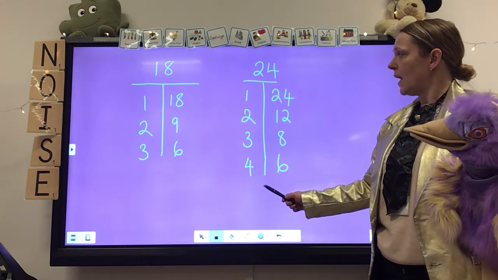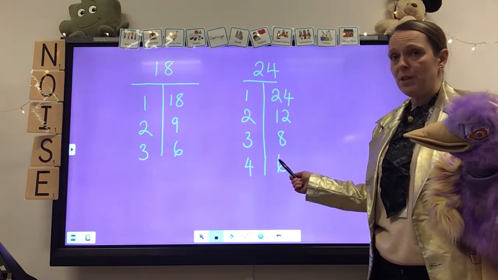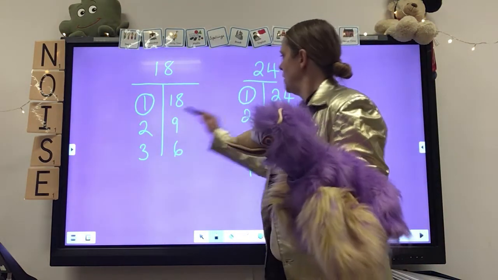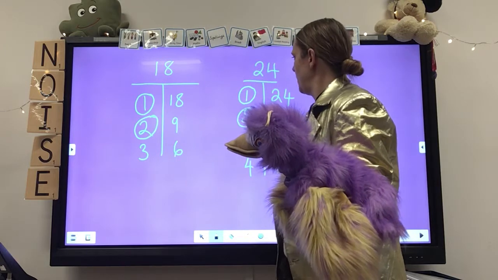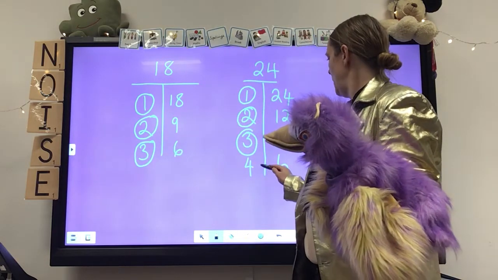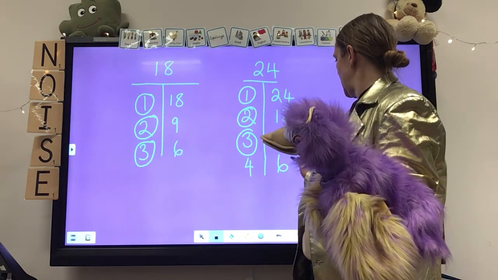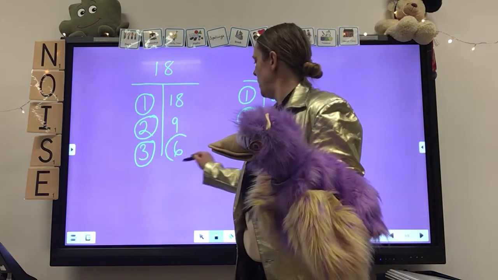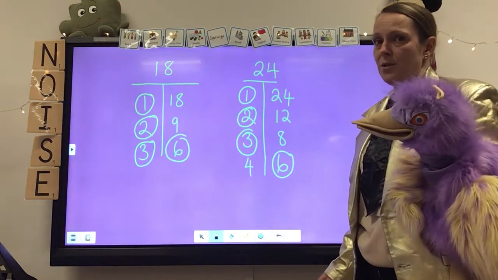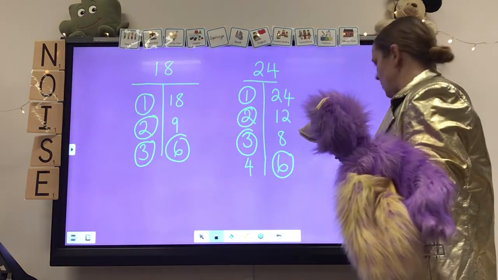Then I'm going to look to see which factors are common to both. So we have 1 that's common to both, 2, 3, 4 is only in that one, and then we have 6 which is common to both. So 1, 2, 3 and 6 are common factors of 18 and 24. Hopefully that's what you got in your answer.